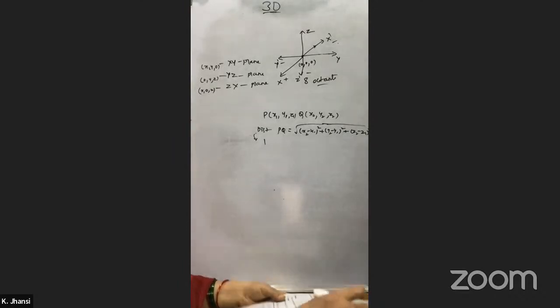Okay. And next we have the concept of collinear points. Collinear points means, if you see any straight line, and on that straight line you have two or more, or even three or more points, which lie on the straight line, those points are called collinear points.